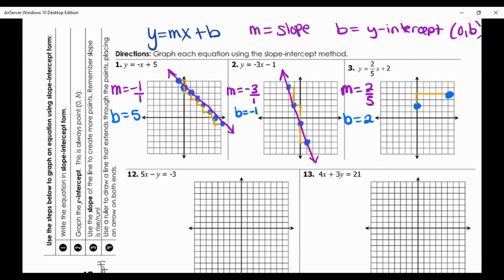Because it's a positive slope, we can also go down 2 units to the left 5 from the y-intercept. The equation has a positive slope, and the line we graphed has a positive slope.